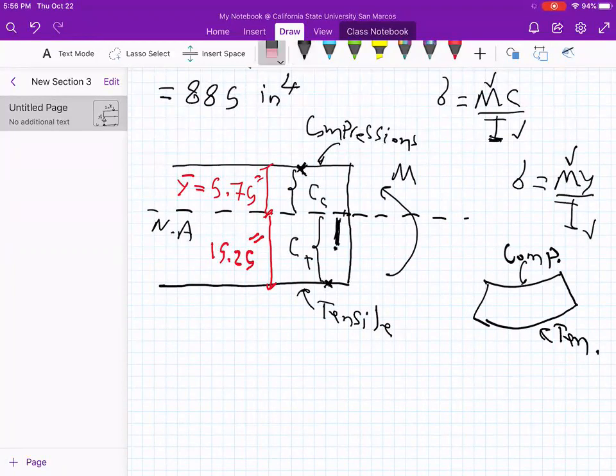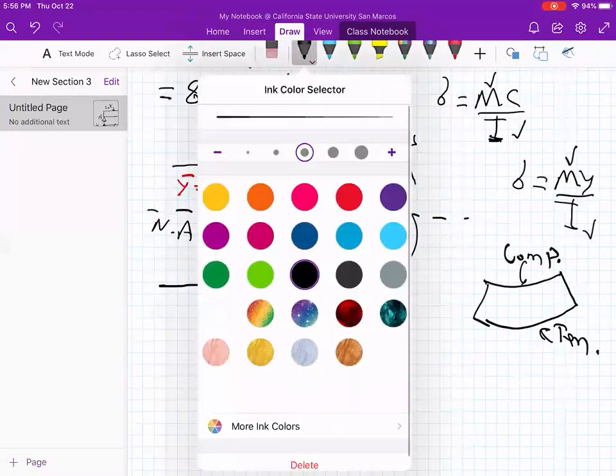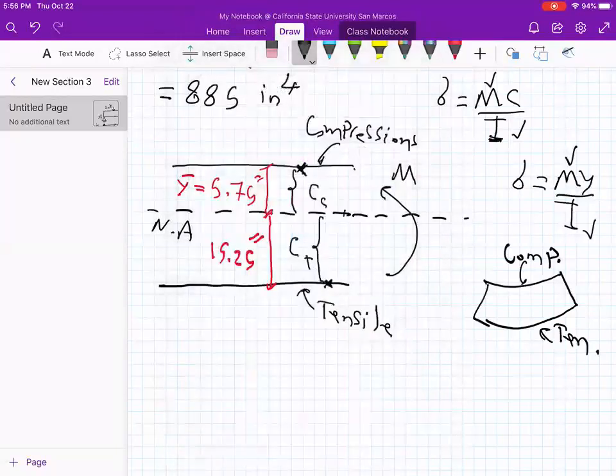So once you are asked to find the maximum, just put the point at the edge, then find the distance of that. So here, top is compression, bottom is tension.